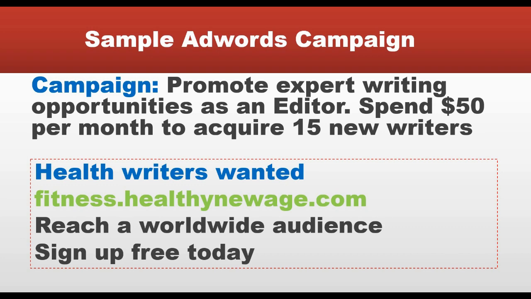So the ad copy that we would use in this particular case, here's some suggested ad copy. You can also pause the video and have a look at that and see how you would tailor that for your particular niche that you are writing in.